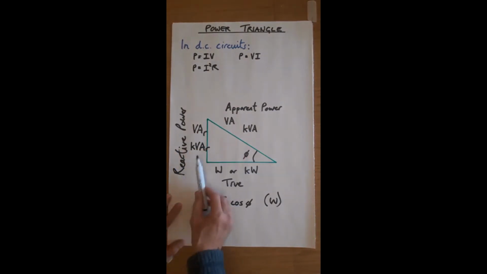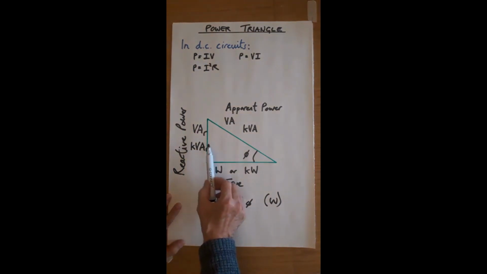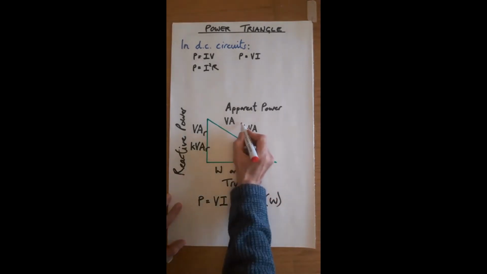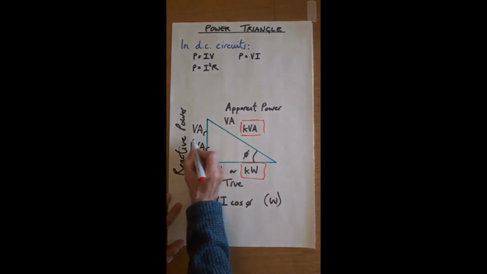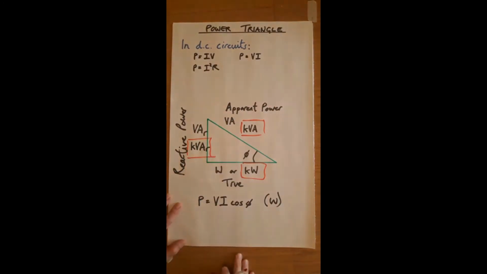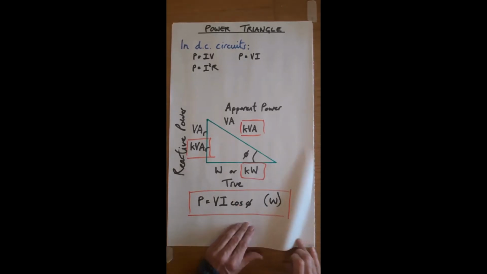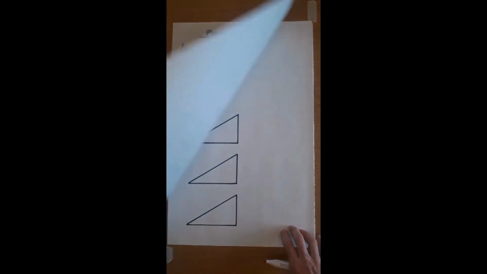And sometimes people say kilovolt amperes reactive or reactive kilovolt amperes. So out of this lot, these are the important bits: kVA, kW, and kVAR. This formula for power in an AC circuit is very, very common in exams. It's an important one. So that's the power triangle. This is explained in great depth on your handout. Moving on.